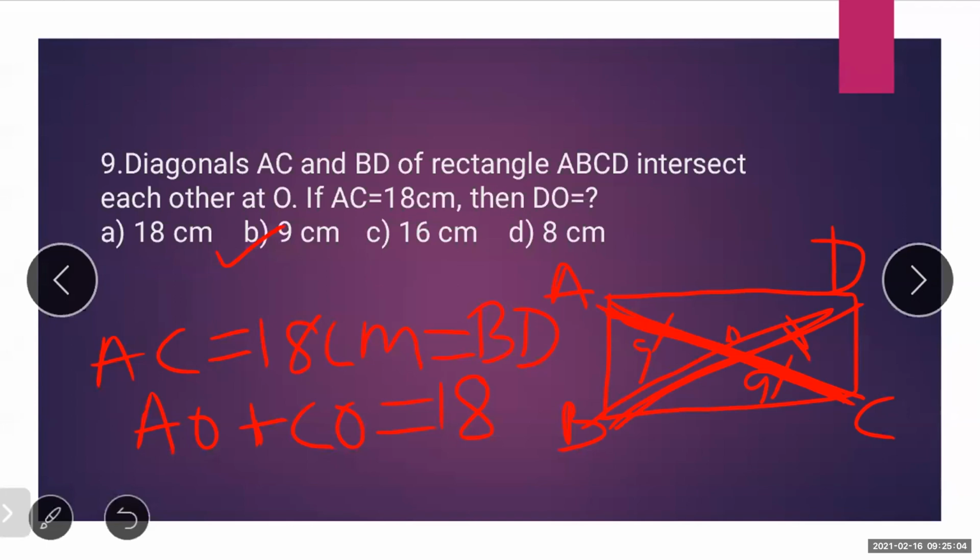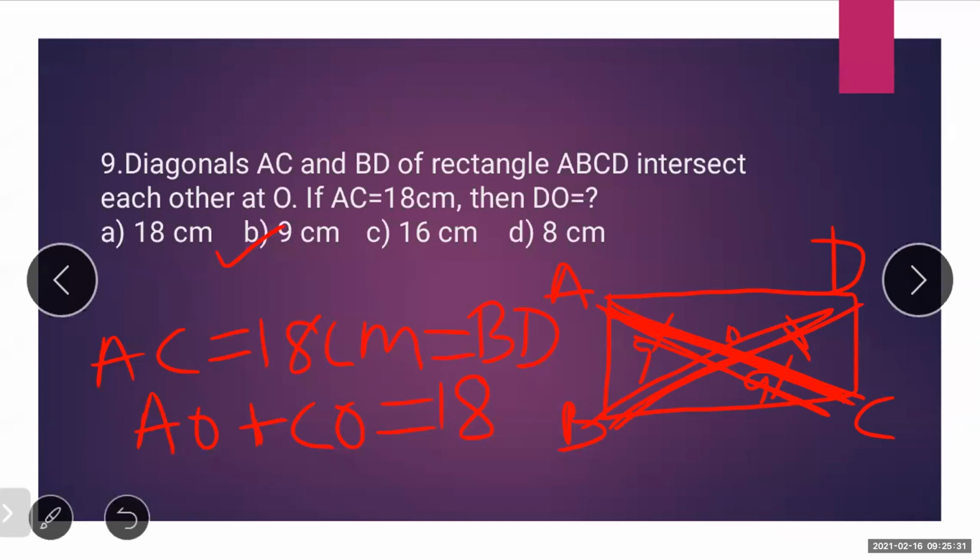Students, here we are applying two properties together, and then we will get the answer. If AC is 18 centimeter, then BD will also be 18 centimeter, because diagonals of a rectangle are congruent to each other.